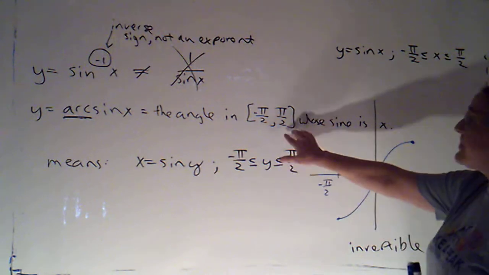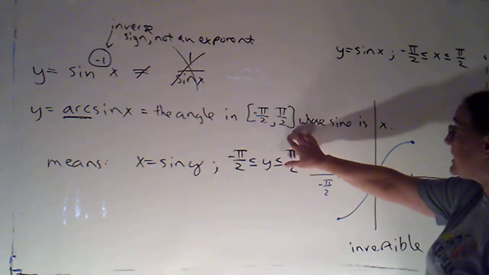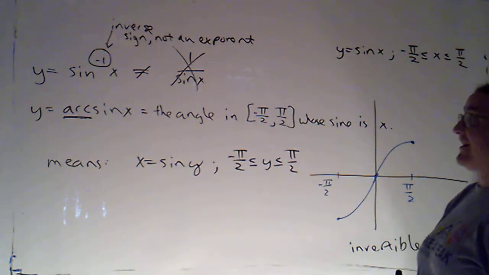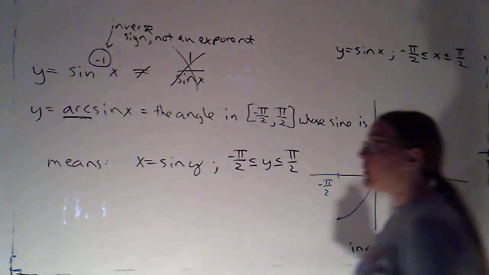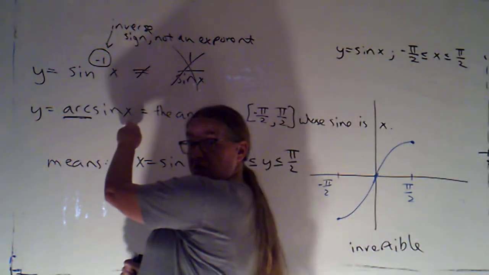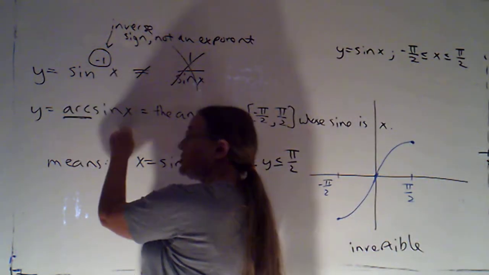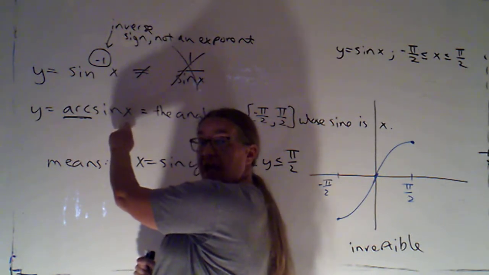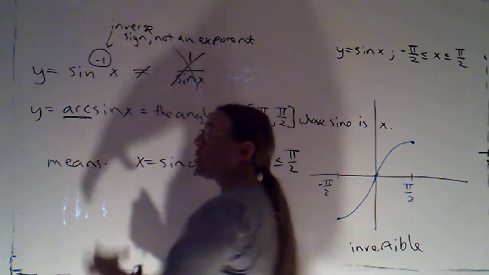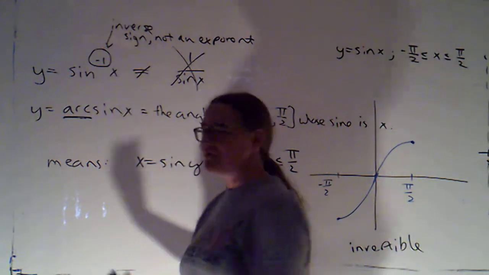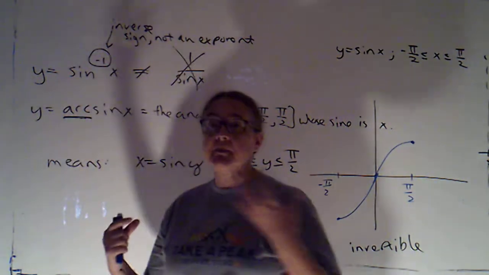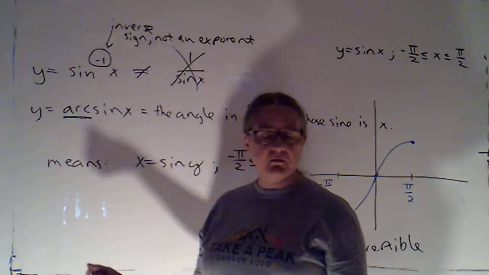Okay, so that's how we are going to define our arcsin. I am going to use this notation, and I would encourage you to use this notation as well. If you're already used to doing inverse trig and using this notation, it's perfectly correct. You don't need to change.